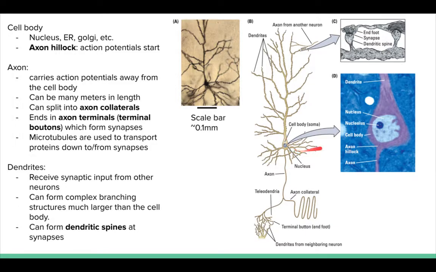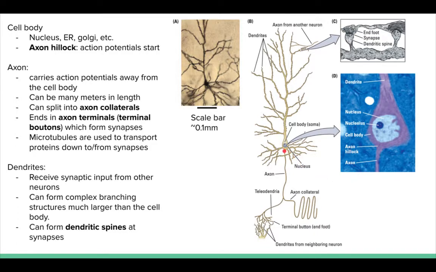In addition to that, near the axon, we have this region that we call the axon hillock, or the axon initial segment. This area is important because the membrane around here contains a large concentration of those pumps and channels that I talked about. And as it turns out, this region is very, very important for initiating action potentials. So we'll learn about that later when we talk about the initiation of action potentials.